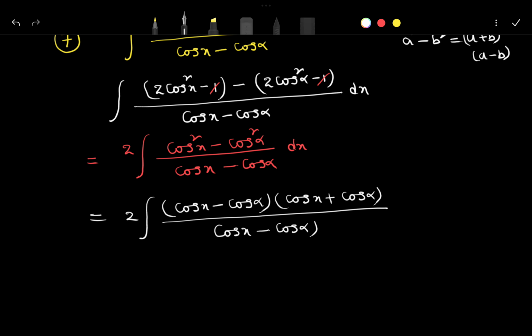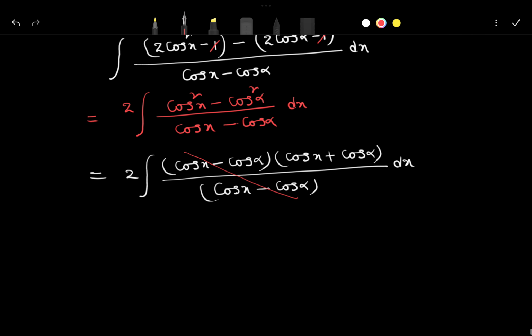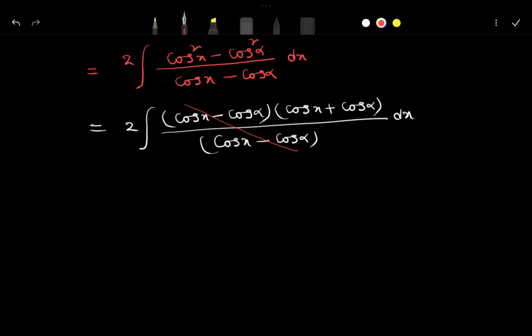What is the common factor in the numerator and denominator? Cos x minus cos alpha is common, so cancel this one. The remaining terms will be 2 into the integration of (cos x plus cos alpha) into dx.